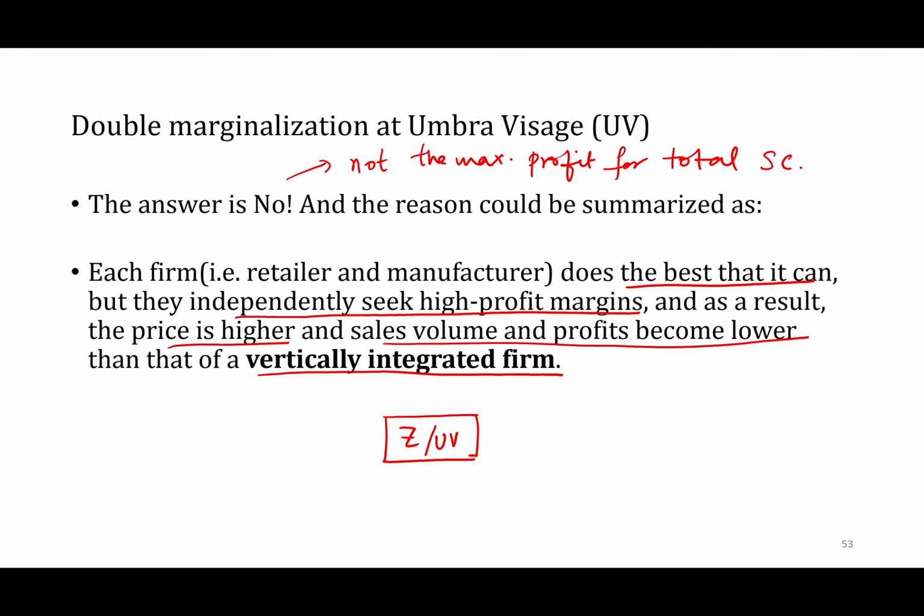Maybe the manufacturer Zematia decided to purchase the retail location. They still have their own physical locations which are independent of each other, but they're acting together as one single unit, maybe like factory outlets where the manufacturer, Adidas, owns the factory outlet. If that's the case, then this integrated firm sells to the end customer.